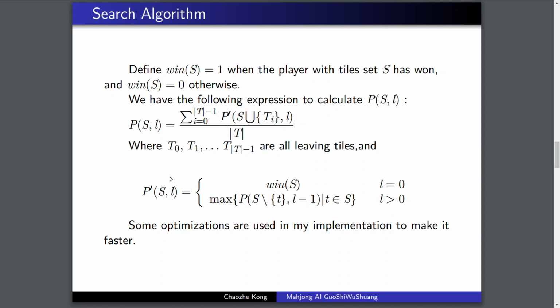And here P(S, L) equals, when L is 0, it equals 1 when the player has won, otherwise it equals 0. When L is greater than 0, it equals this. That is, we choose a tile T to play with a maximum P.